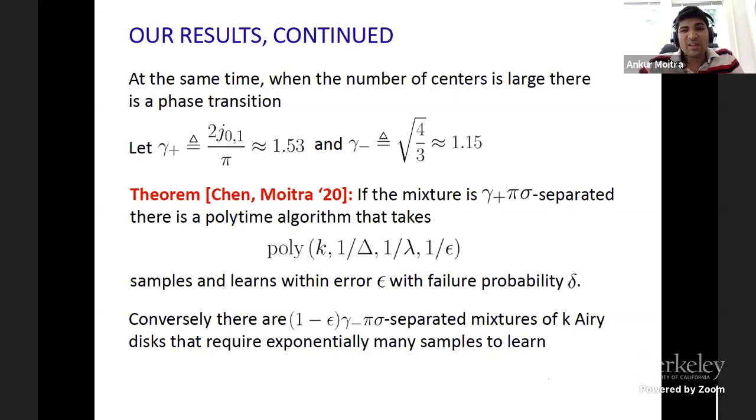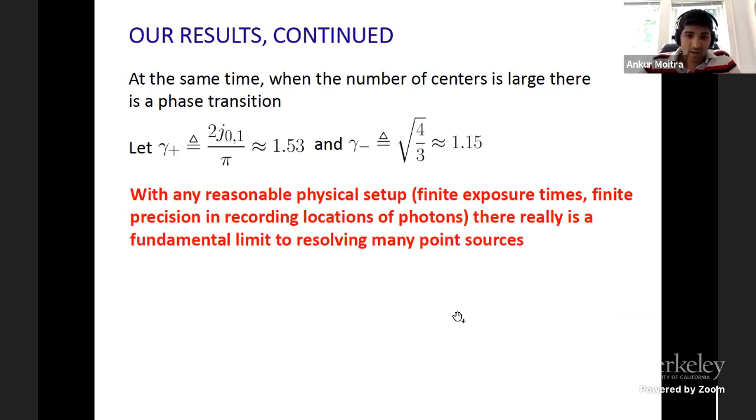So this means that if you're in some settings where you can't hope that there are few point sources, well, you really can say that for any reasonable experimental setup, there's no hope for you being able to resolve that number of point sources. Because if you think back to the original experiment where you have this optical system and you're observing these point sources, well, any reasonable physical setup has some limitations because each one of the photons that you observe is like a sample from the diffraction pattern.